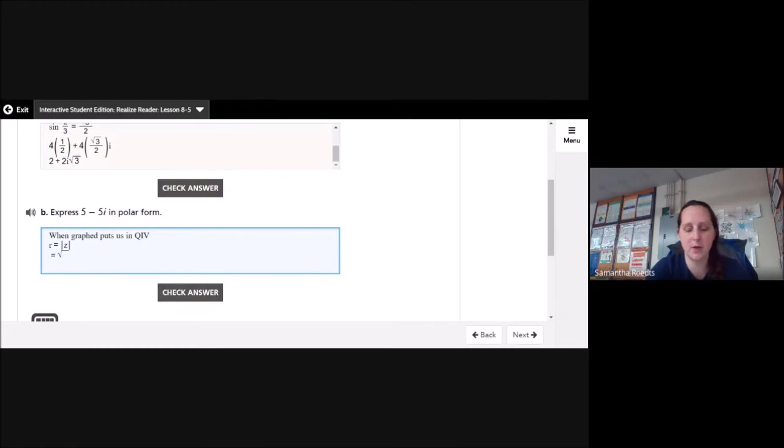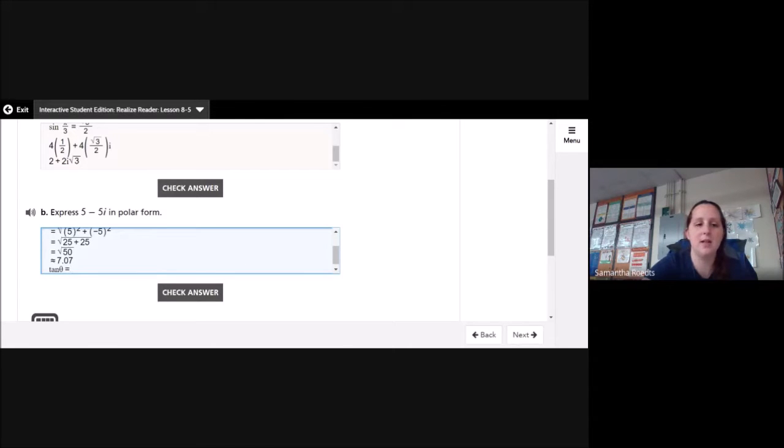This equals the square root of 5 squared plus negative 5 squared, which equals the square root of 25 plus 25, which equals the square root of 50, which is approximately 7.07.